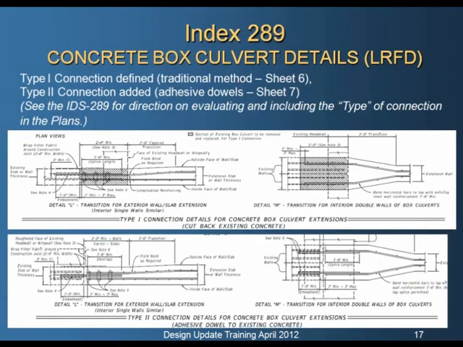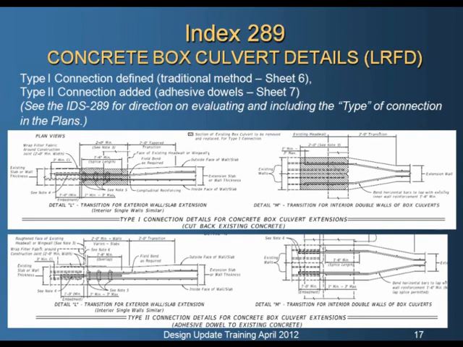On the same index, we've also added another option for extending existing box culverts. Traditionally, we cut back the existing culvert face 2 feet and splice onto the reinforcing that's projected out. We've also added this, what we're calling a type 2 connection, which is an adhesive dowel connection where you can dowel directly into the face of the existing box culvert depending on if certain conditions are met, and those are discussed in the instructions for the design standards under that index number.